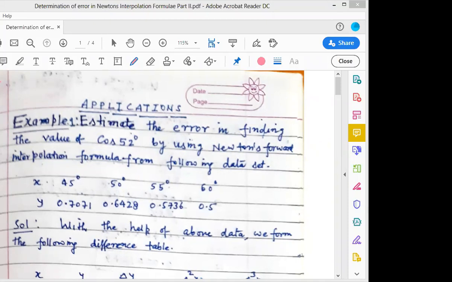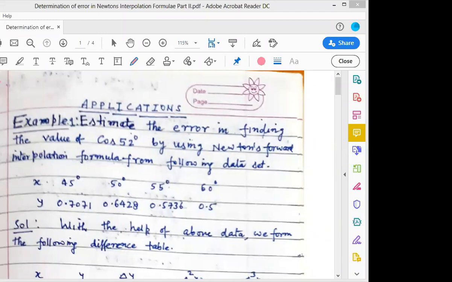If we revisit, we considered the function y is equal to f(x). This was the basic and primary function. As usual, we chose it, and later we assumed a polynomial known as the interpolating polynomial, generally chosen as phi(x).